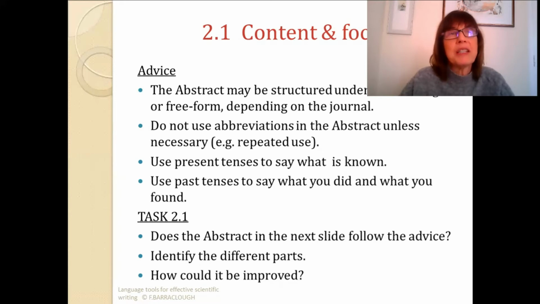Other abbreviations that are obviously common and well known, like DNA, could be used, but the general rule is not to use abbreviations. Remember what we saw about the tenses, that we should use the present tense to say what is known and the past tense to say what we did and what we found. Okay, so be careful with that in the abstract too.